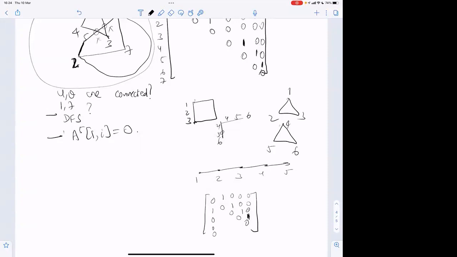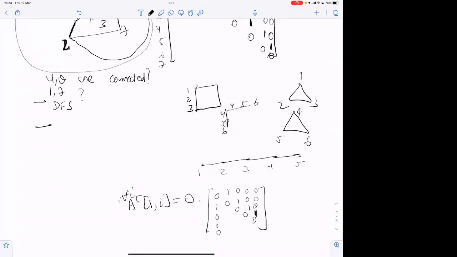Do you see that? So in this graph, A to the 5 of (1, i) is 0 for all i. Isn't that true? Hi, are you there? The person who suggested this.